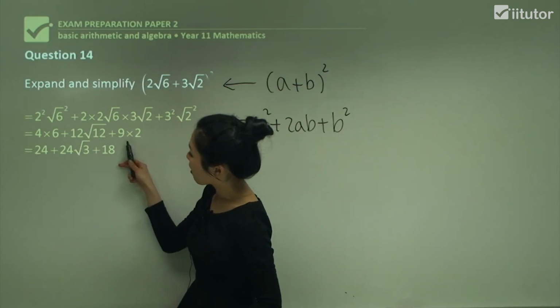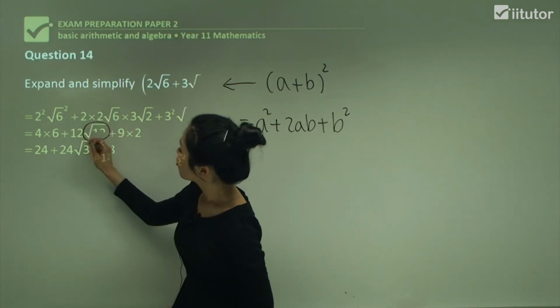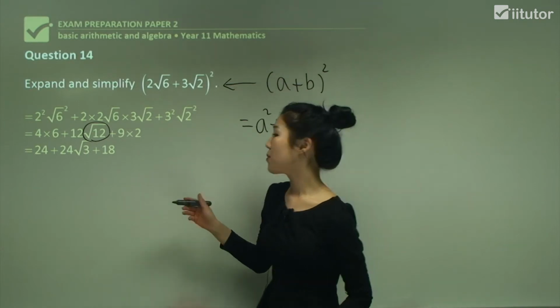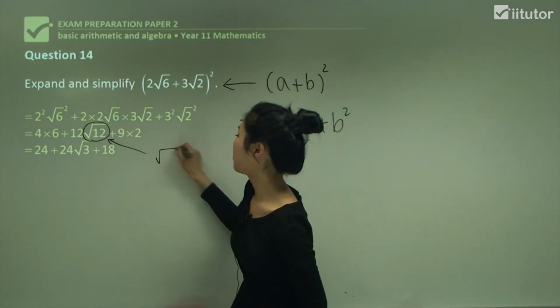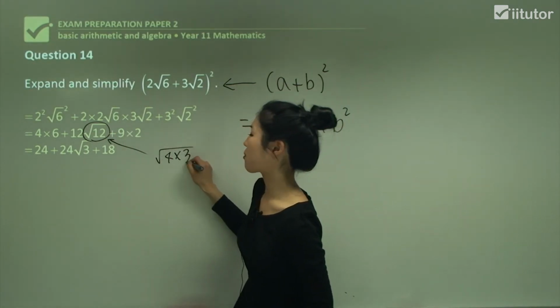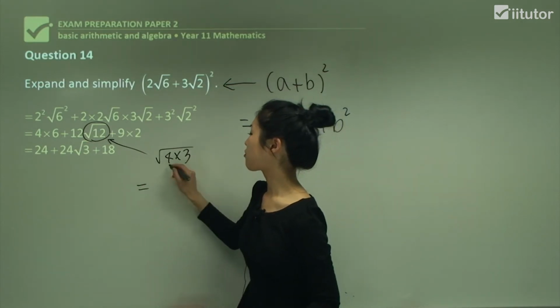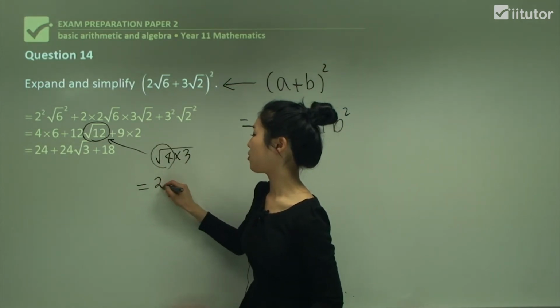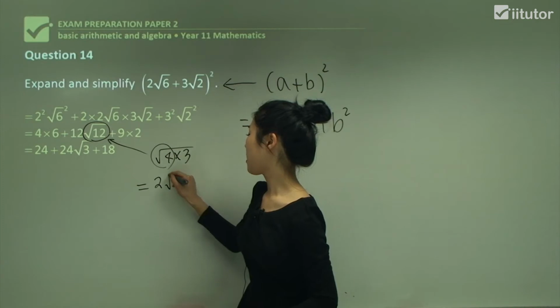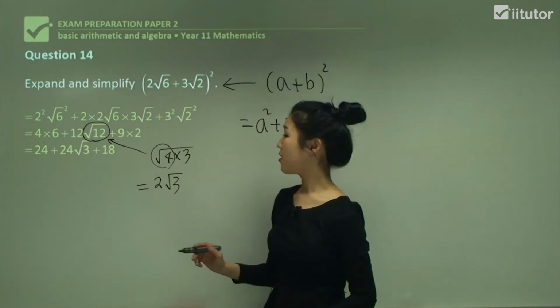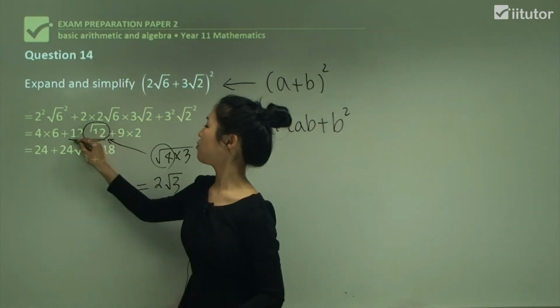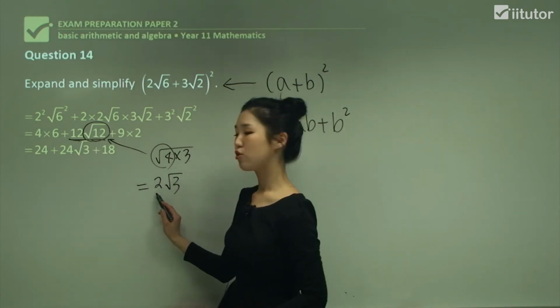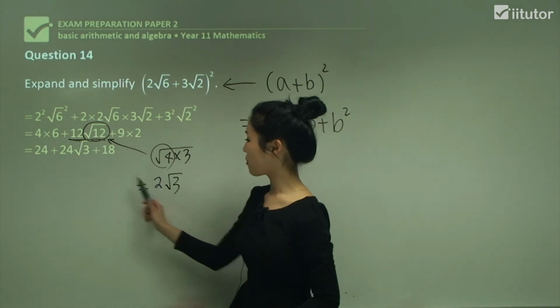And here, what do we have? Here, root 12 we can simplify, because root 12 is root 4 times 3, isn't it? And we know that root 4 is 2, so the 2 can go out and the 3 can remain. So therefore, this one here will be 12 times 2 root 3. So 12 times 2 is 24.